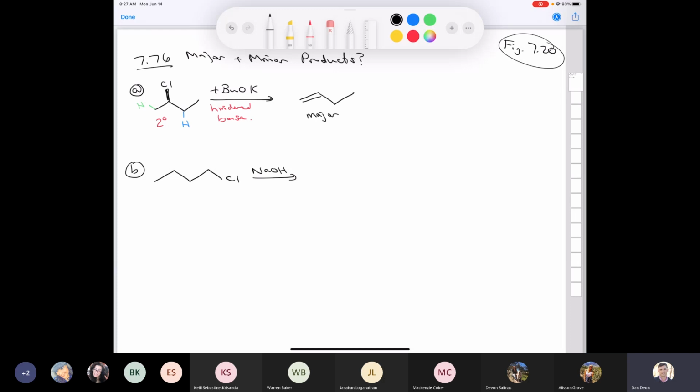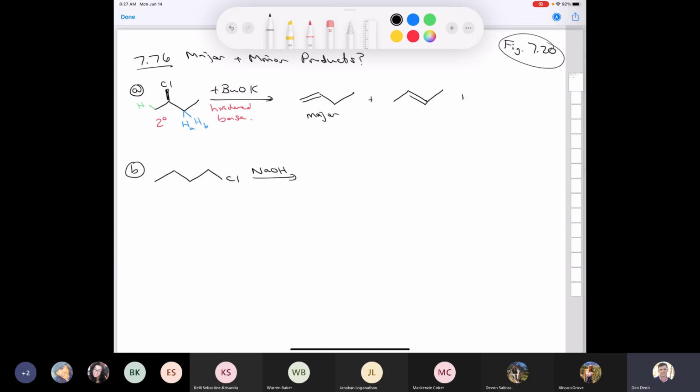So major product. Now, in terms of the one in blue, there are actually two blue protons. In terms of the stereochemistry of the reaction, this is not going to be stereospecific. It's going to be stereoselective, right? Because I have these two, you could call them HA and HB, for example. If I pull off one of them, I get a Zaitsev product that's going to be trans.